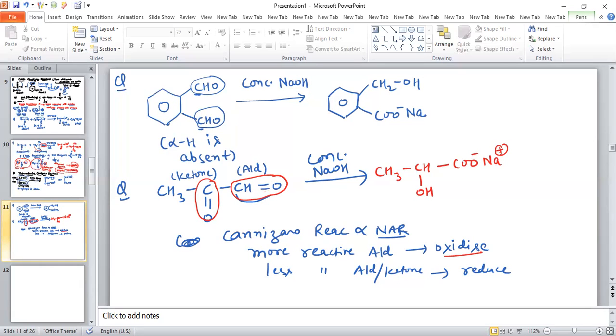So this is all about basically the Cannizzaro reaction. We have discussed the self Cannizzaro, then the cross Cannizzaro, then the intramolecular Cannizzaro reaction.